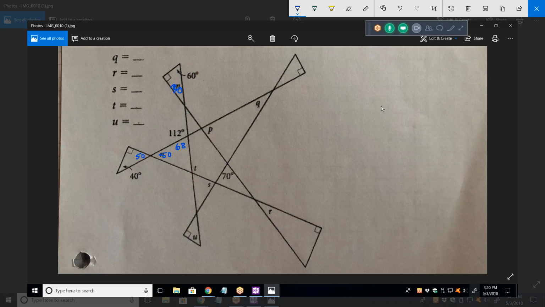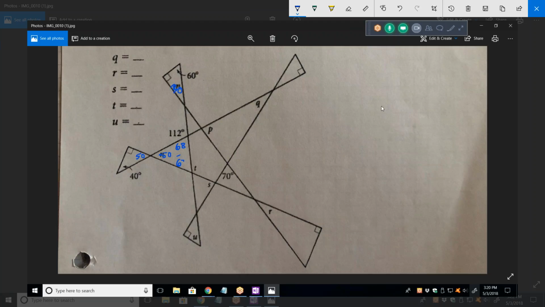What's this third angle of that triangle? Which triangle? This triangle right here. 62 degrees.